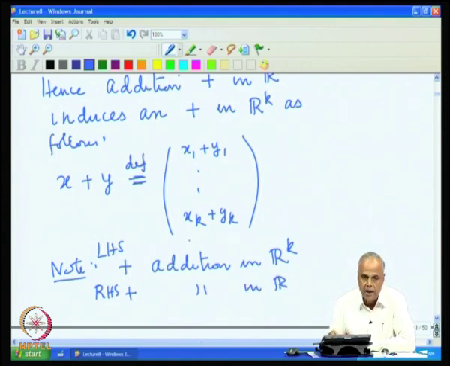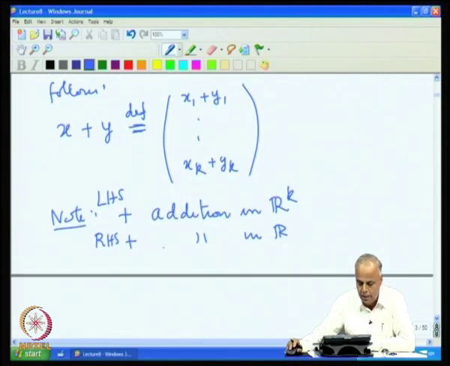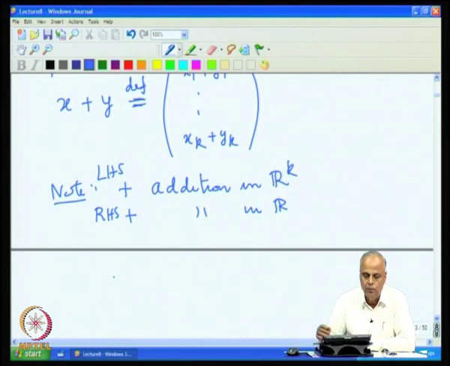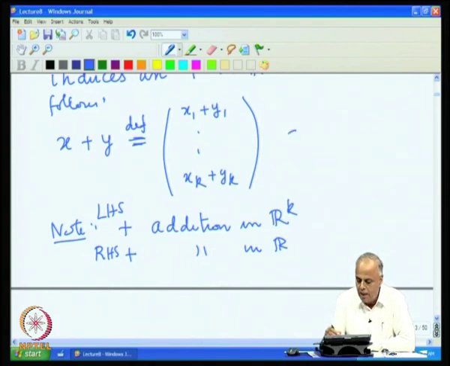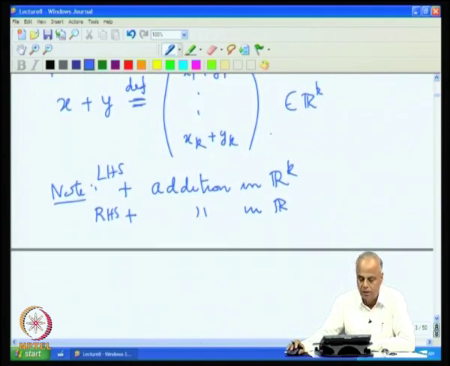That is, the known addition in R induces an addition in R^k. So, thus we are able to start with two elements in R^k and define their addition, and the sum is in R^k. So, we have an operation of addition on R^k.